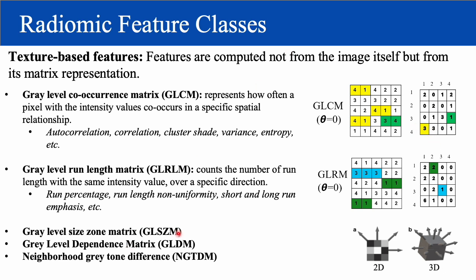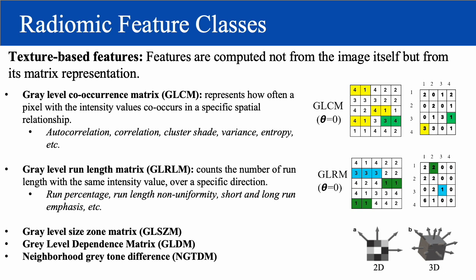GLRLM counts the number of run length matrices within the same intensity values over a specific direction. In this image, we have 3 pixels connected at theta equals 0 direction. So our run length equals 1 for this combination.